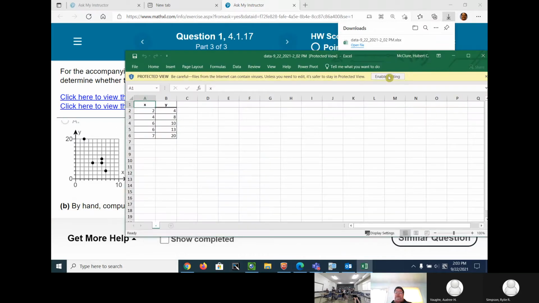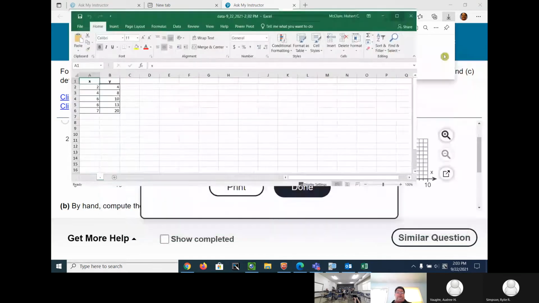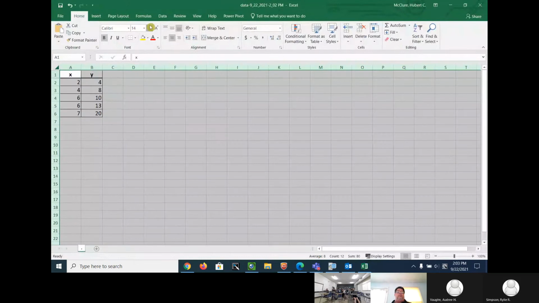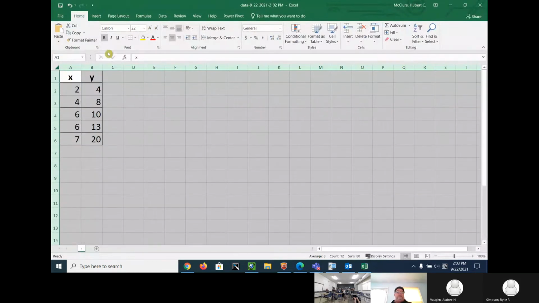And this is the spreadsheet. Let me make it bigger so y'all can see it. I think you could probably see that. So go ahead and put those in your calculator.